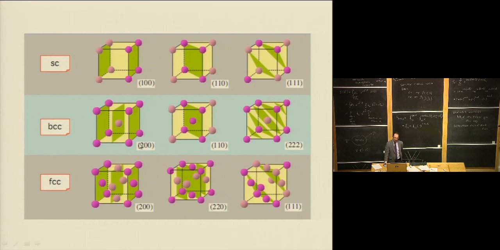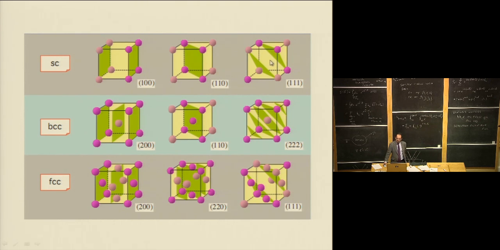So now this is why (2, 0, 0) satisfies the BCC selection rule, whereas (1, 0, 0) doesn't. For BCC, the selection rule is that h plus k plus l should be even. That is true for (2, 0, 0). It is not true for (1, 0, 0). That's the origin of the selection rule. The selection rule is asking, when is this set of Miller indices actually a reciprocal lattice vector for this particular lattice? That's where it's coming from. You can see another case with (1, 1, 1). (1, 1, 1) makes these diagonal planes here, cutting across the unit cell, but it would miss the BCC point.